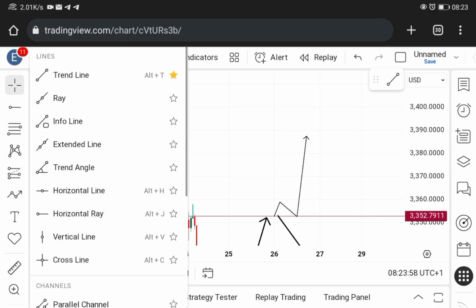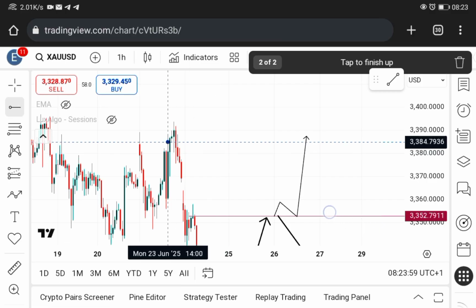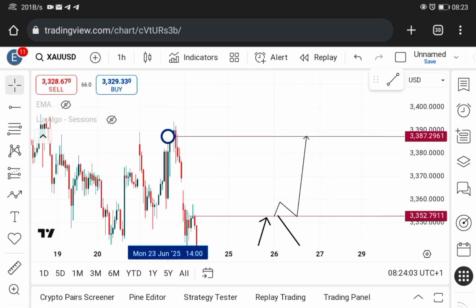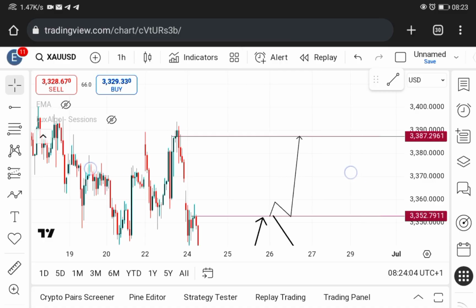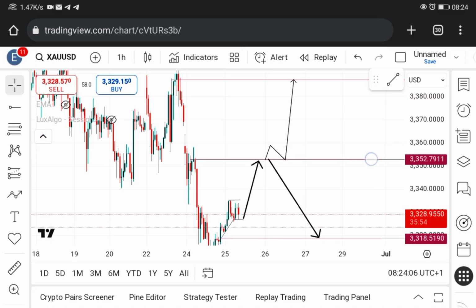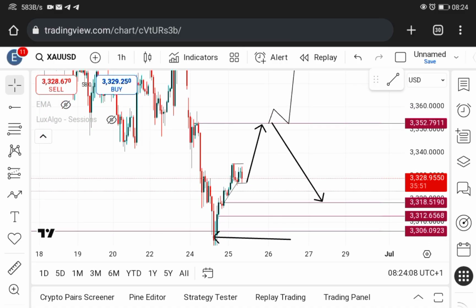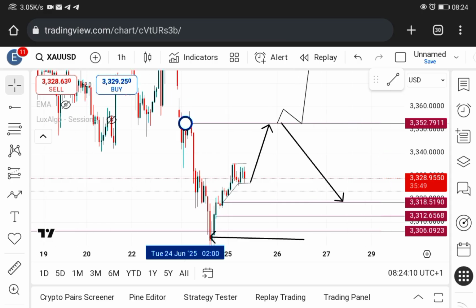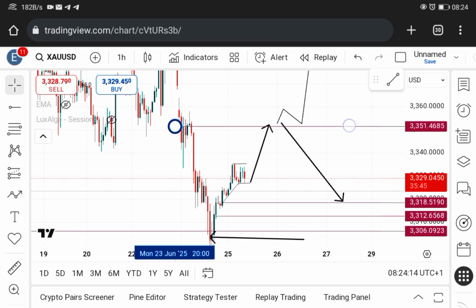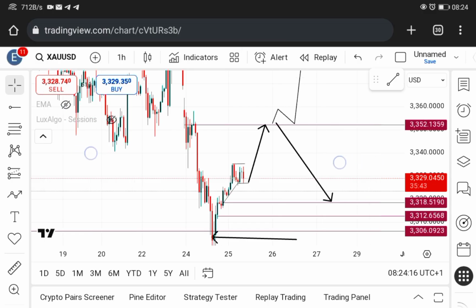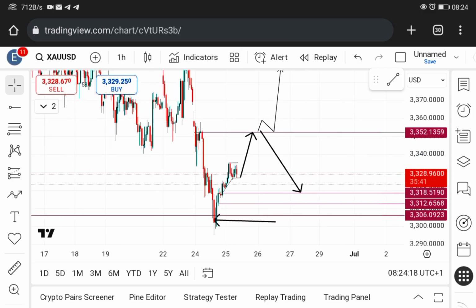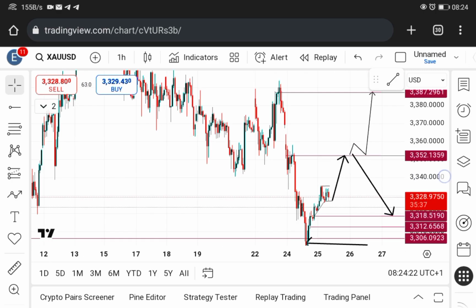So this is how to analyze gold. Any small move on gold will give you massive profit, that is if you know how to resize your position.